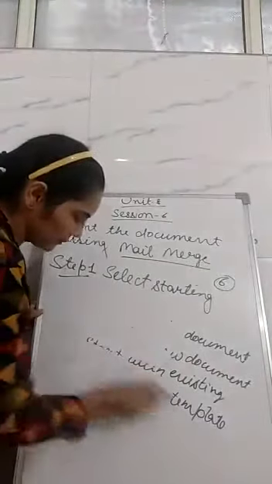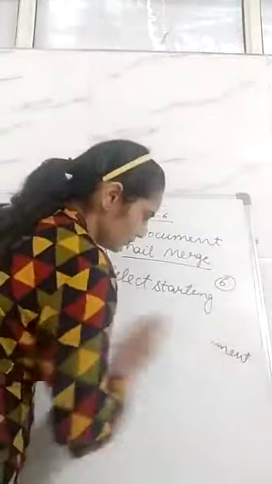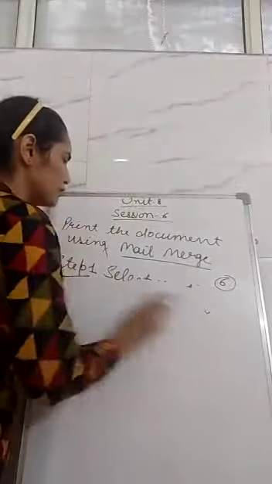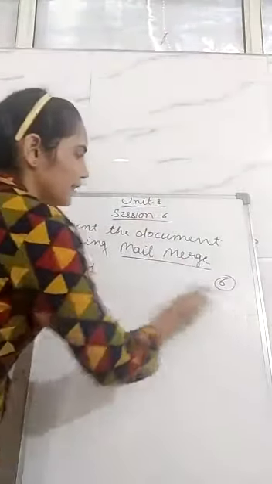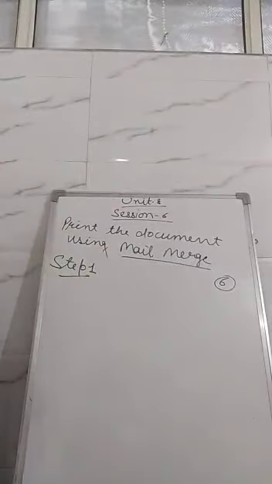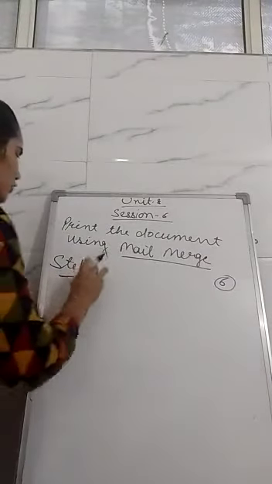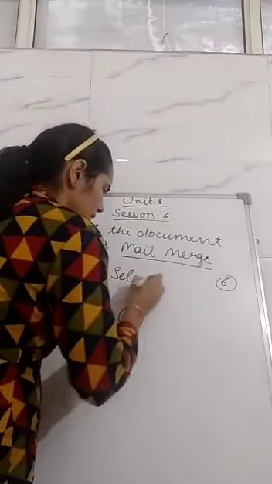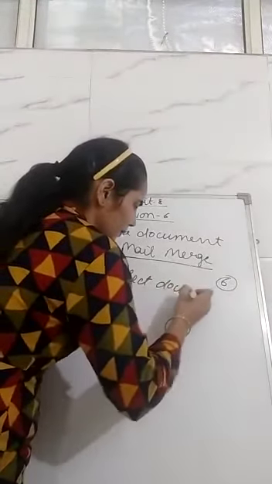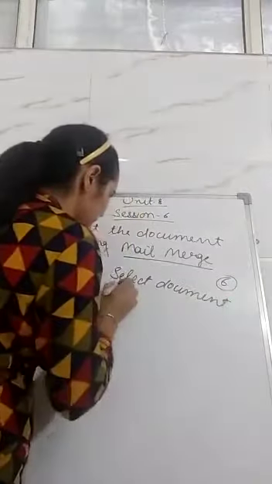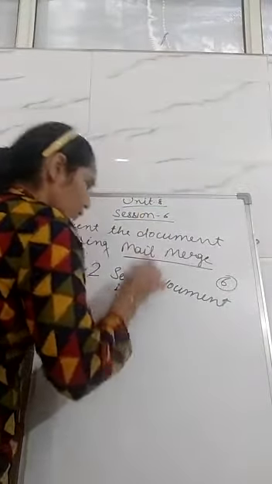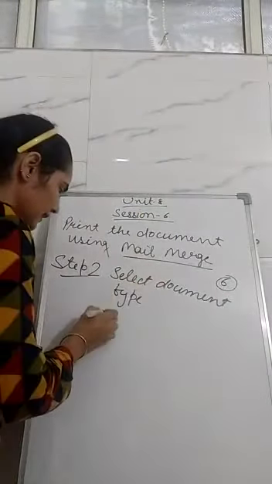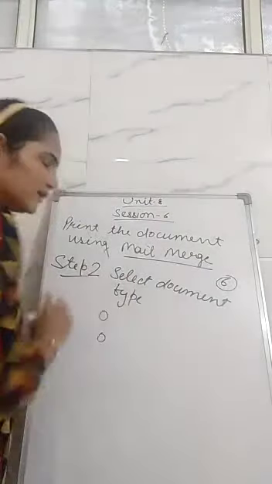Now come to the step number 2. After clicking on use current document, there is step number 2, select document type. When you click on select document type, there you will find 2 buttons.